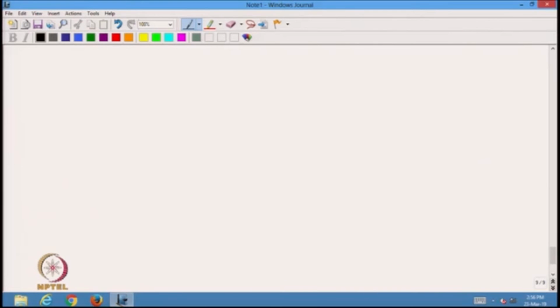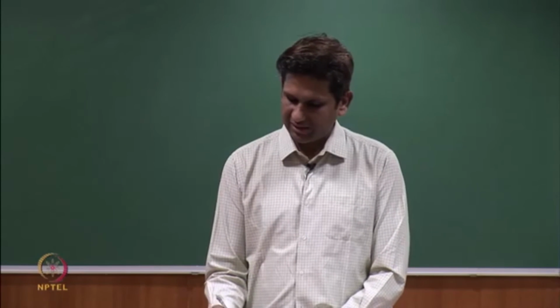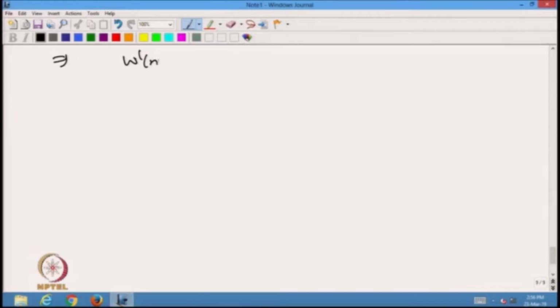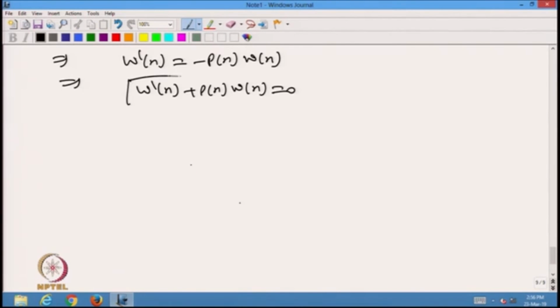So now from here I can say that my Wronskian satisfies this differential equation, and what is this? It is a first order differential equation, which we have already solved, that is a linear one.